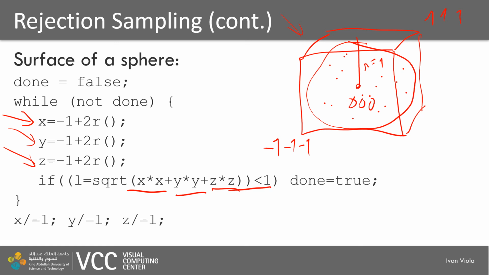But if we use the value of this length here and normalize our x, y, and z coordinates to 1, we will move our samples onto the surface of the sphere. By this, we will be uniformly sampling not the internal part of the sphere, but the sphere's surface. This is how we can perform a uniform sampling of a sphere's surface.